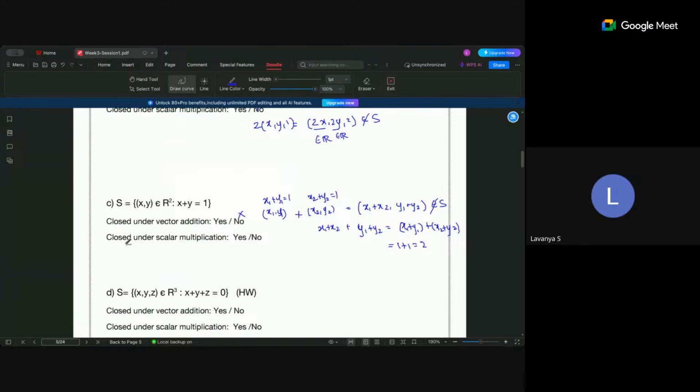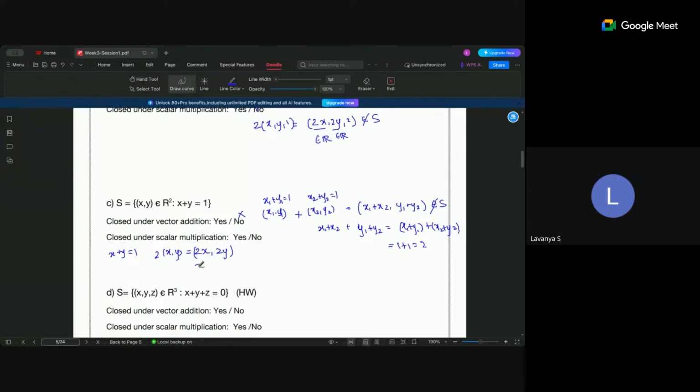Okay. So closed under scalar multiplication. How to check closed under scalar multiplication? Let us take a vector x comma y for which x plus y is equal to 1. Now let us multiply with alpha. Or maybe you can take any specific number also, maybe 2 or minus 1 or anything. So now what happens to 2x comma 2y?